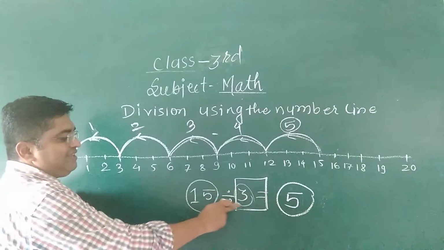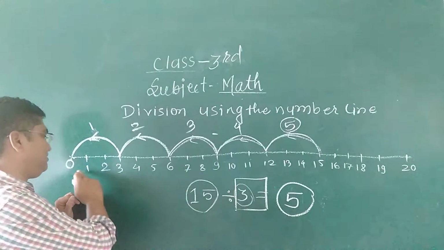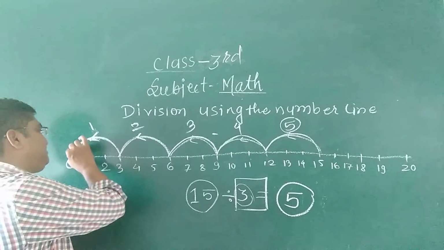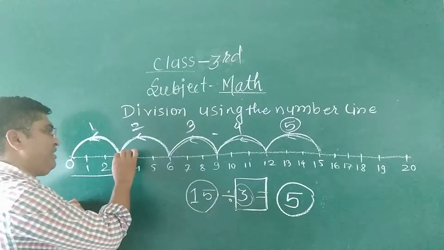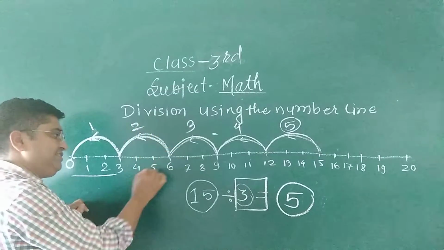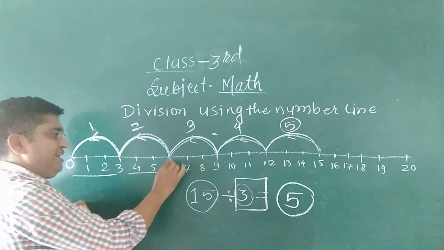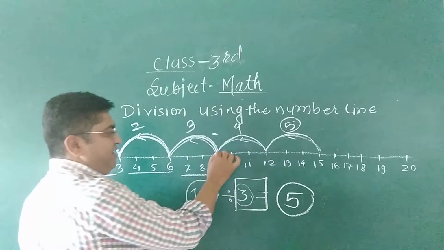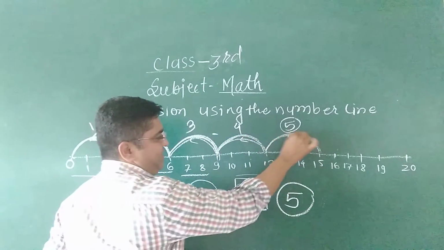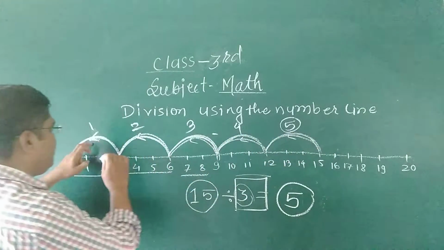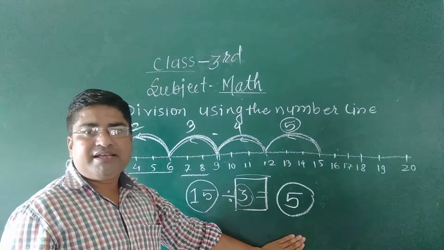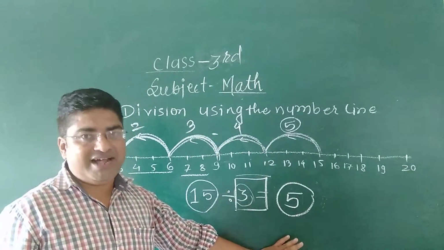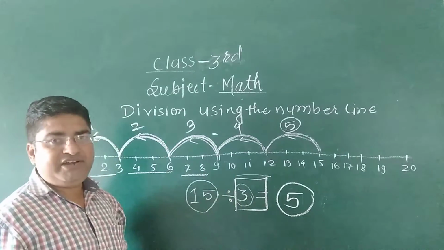So how will we do it? We will draw semicircles up to 3, taking intervals of 3: next 3, next 3 and next 3. How many? 1, 2, 3, 4 and 5. So 5 is our answer. Note it down.